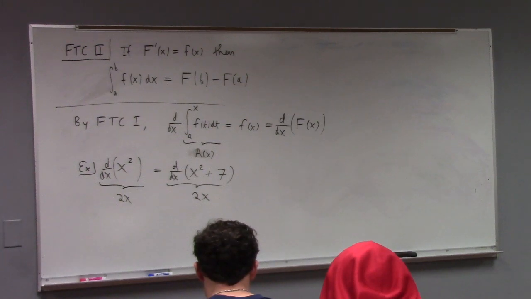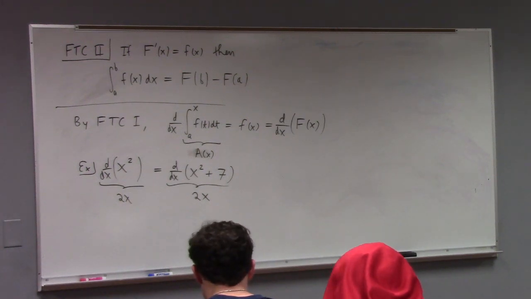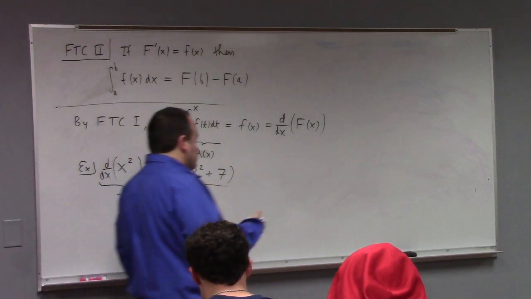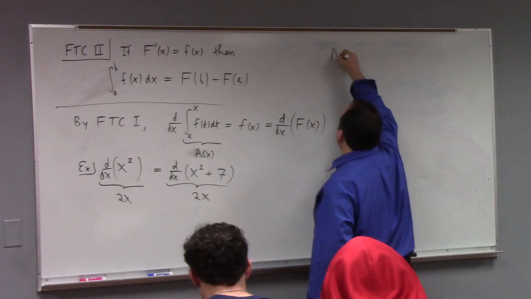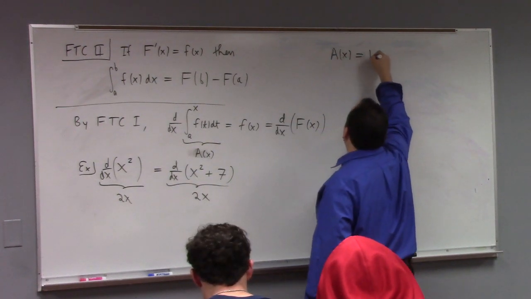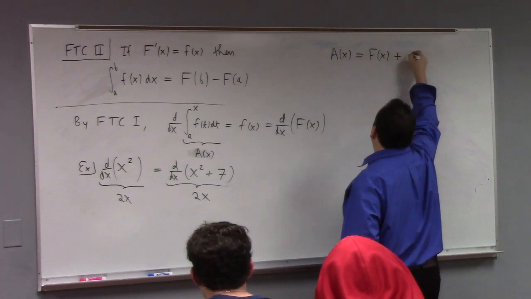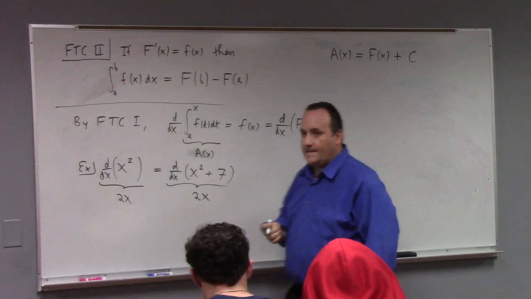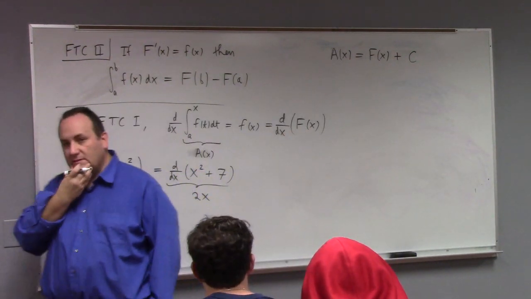So when derivatives are equal, that doesn't give us equality of the things being differentiated. It gives us that they're related up to a shift, right? So what we learned is that A of x is equal to F of x plus some constant, right?